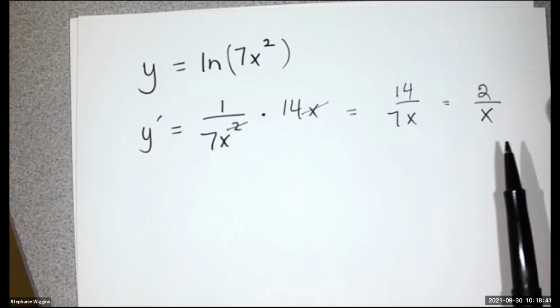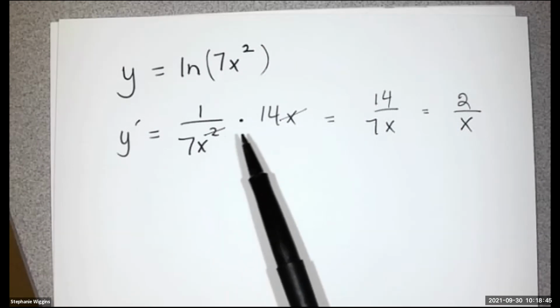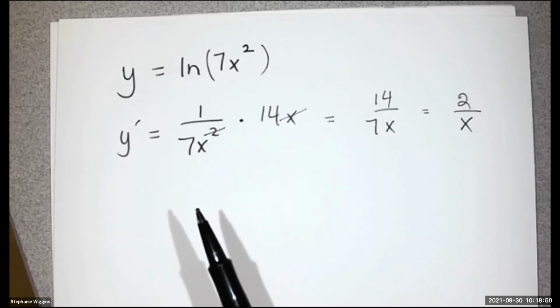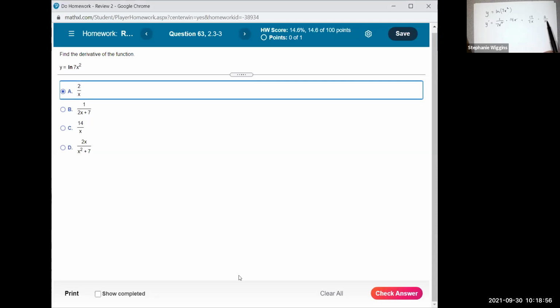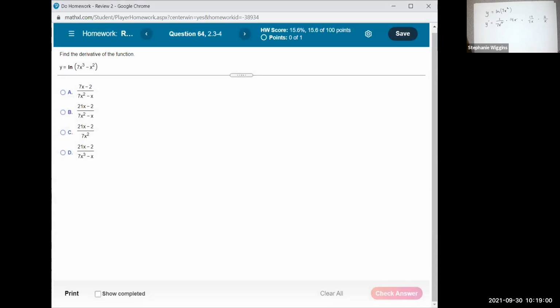And so on these multiple choice questions, you've got to simplify that because if you look at the multiple choice, you can see there is the simplified version, 2 over x. Okay. On the non-multiple choice one, all you have to do is enter in the original expression that you come up with. You don't have to simplify it, but here with the multiple choice you do.